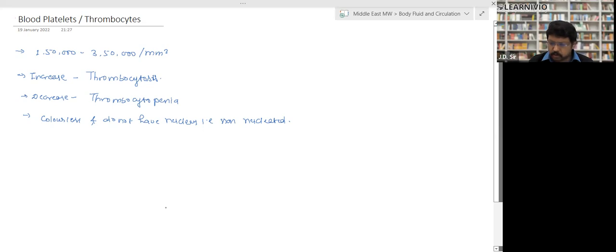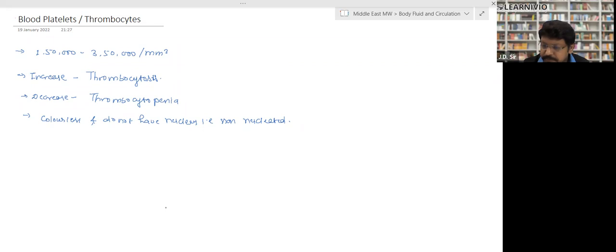Right? So again, some functions. Please note them down. If we talk about the functions of platelets, blood clotting is the main function of platelets.